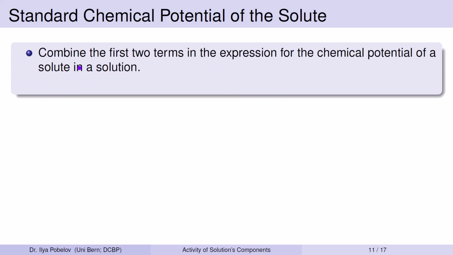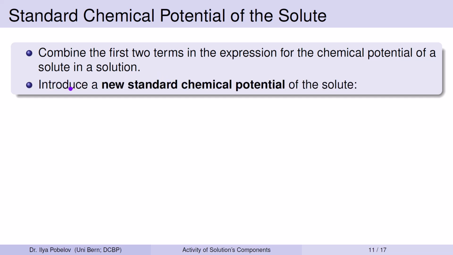We can combine the first two terms in the expression for the chemical potential of a solute in a solution and introduce a new standard chemical potential of the solute. Mu Bl standard equals mu Bg standard plus RT times the natural logarithm of the ratio Kh over P standard.